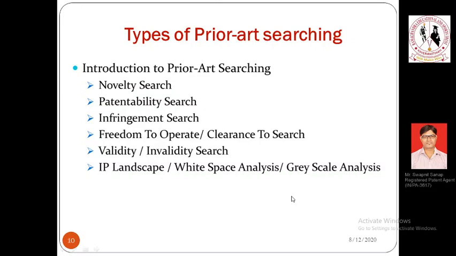Even perpetual motion machines, which are not patentable, are also considered as having applicability, right? So similarly, finding a particular prior art which has been filed in a similar domain and which is in line with your invention can also be treated as having applicability in line with your invention, right?